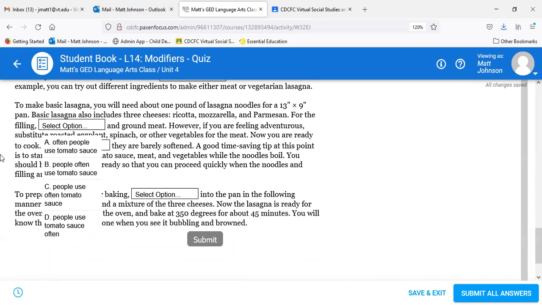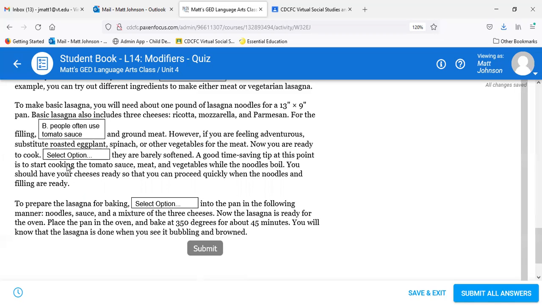People often use tomato sauce, and so see, people use often tomato sauce. People use tomato sauce often. People often use tomato sauce and raw meat.